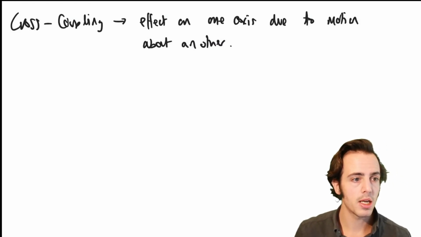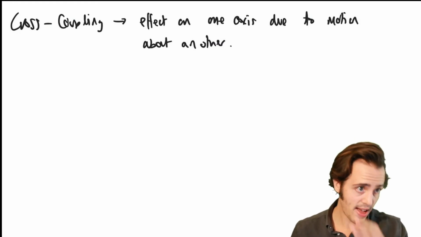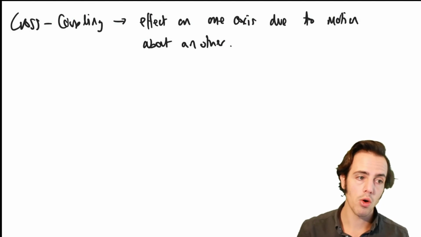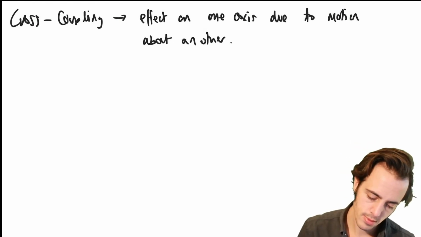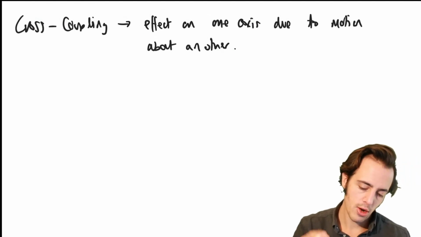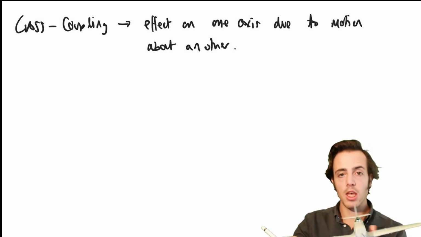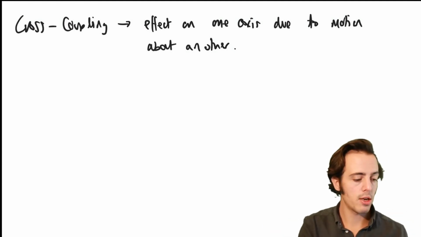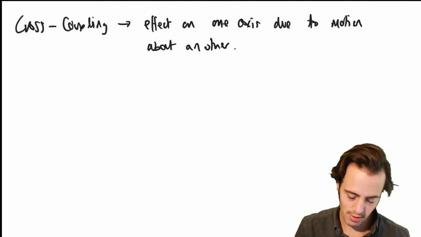I'm going to come up with a very simple example at the beginning. We're going to look at the effect of yaw on roll. If we are having a yawing motion, what's going to happen to the roll attitude or the roll rate of the aircraft?